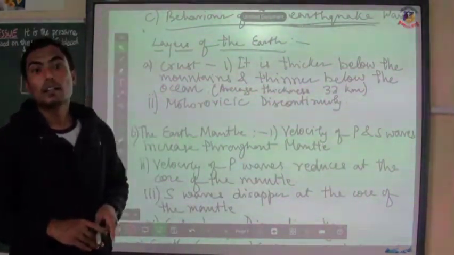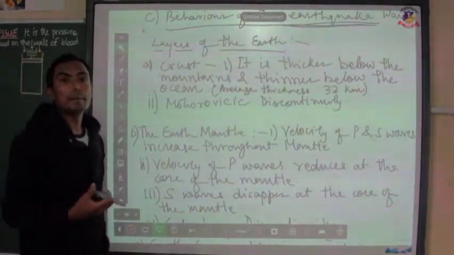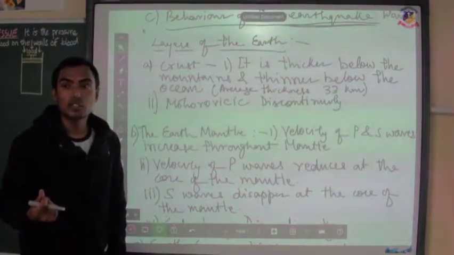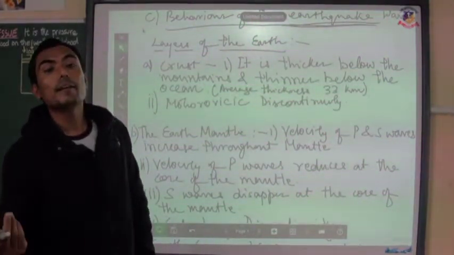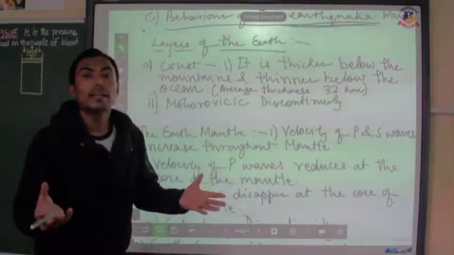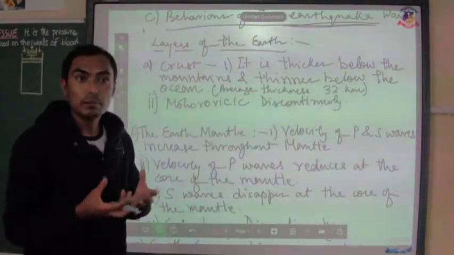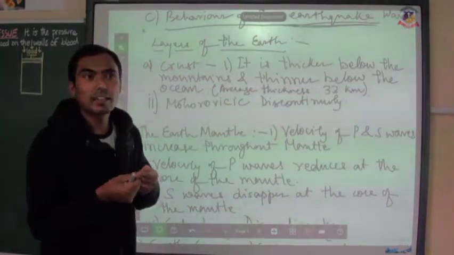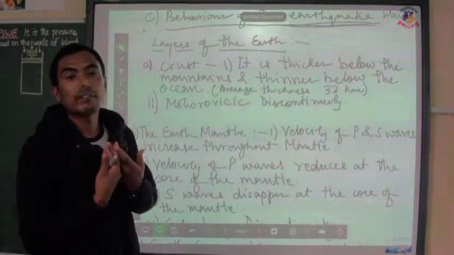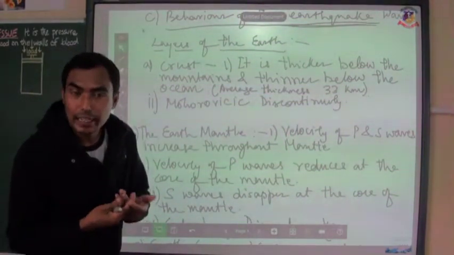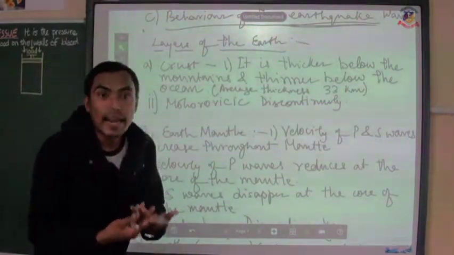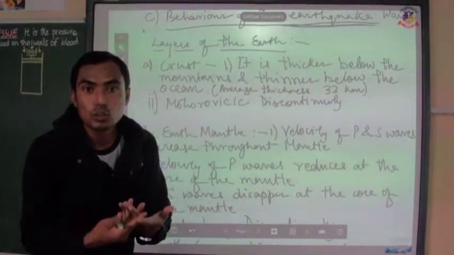This earth crust is made up of sedimentary rocks, because sedimentary rocks are soft in nature and can behave in different ways depending upon the situation. They are very flexible, not very strong or hard. As they are soft in nature, they can adjust depending upon the situation.